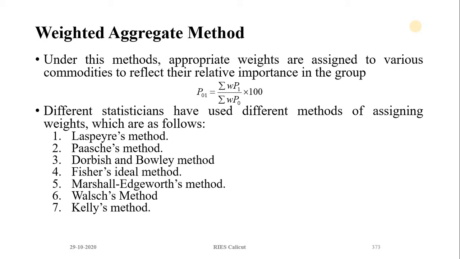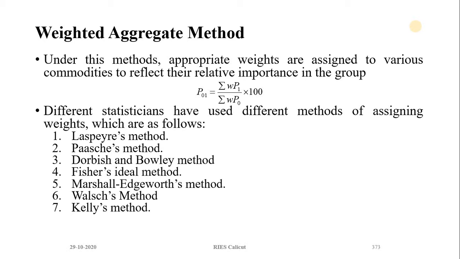Usually, the index number is constructed in such a way that the weight multiplied by the prices in the current period, divided by the weight multiplied by the prices in the base period, and we take the aggregates of these two.